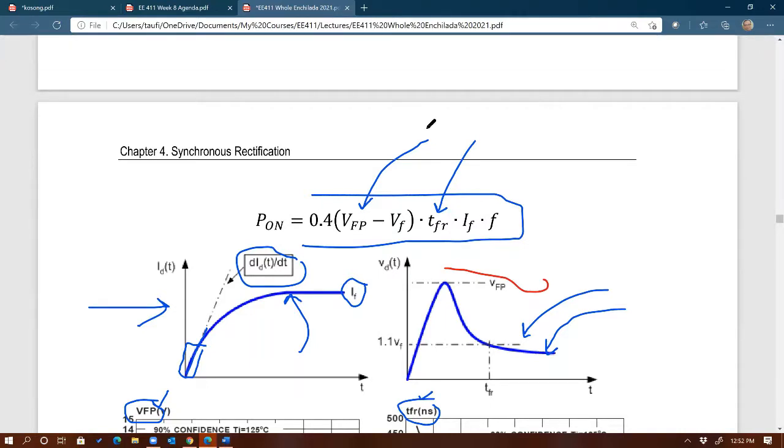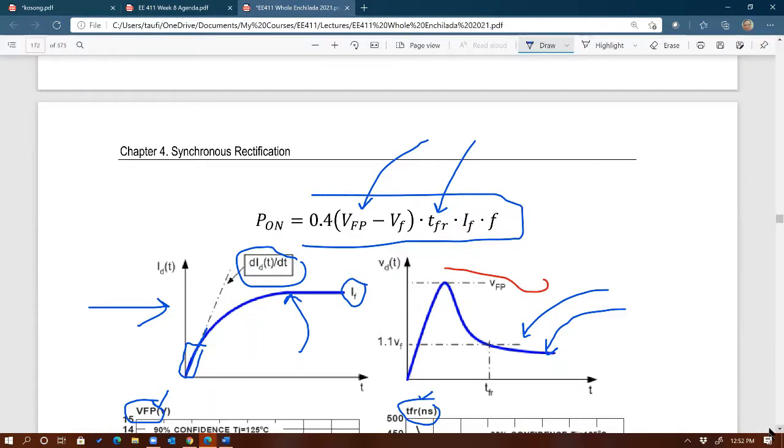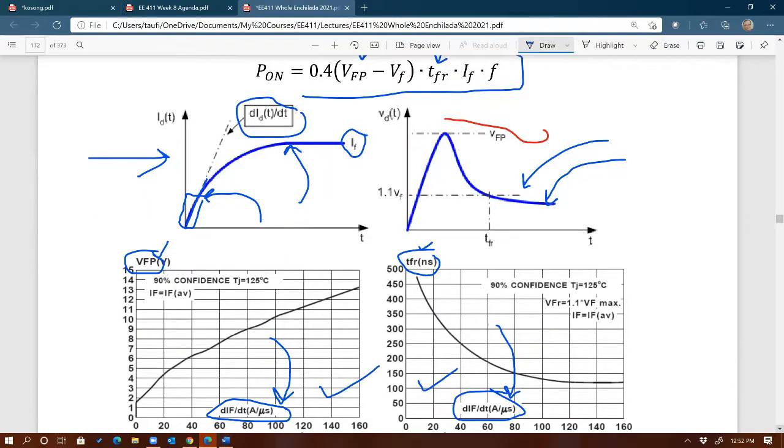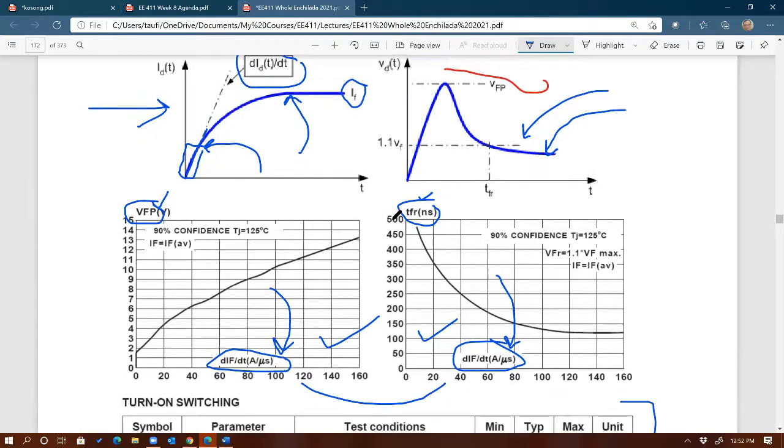That's why it's not going to be as accurate. If you want to get more accurate values, then you need to capture the waveforms yourself: current through the diode as it's turning on, voltage across the diode as it's turning on, and then you estimate the slope.